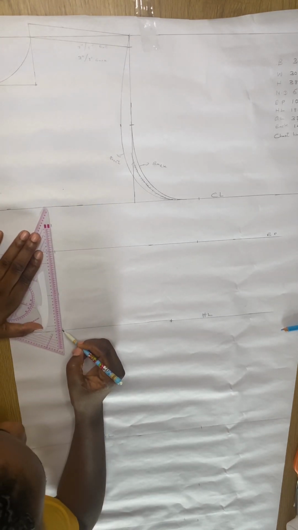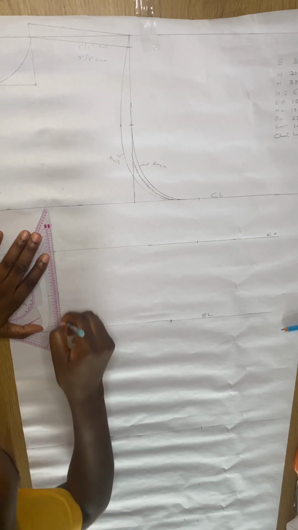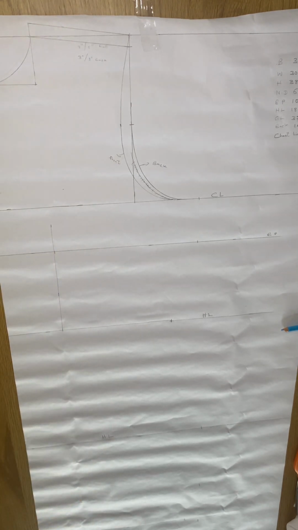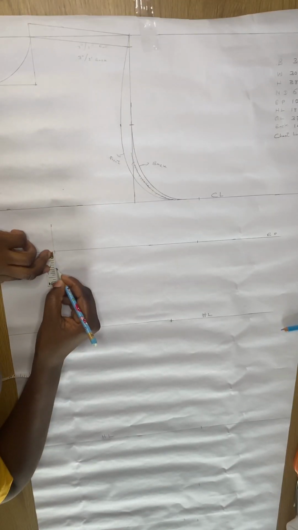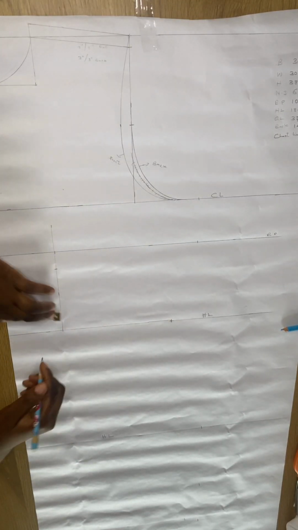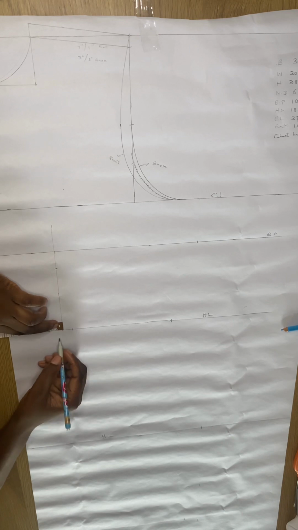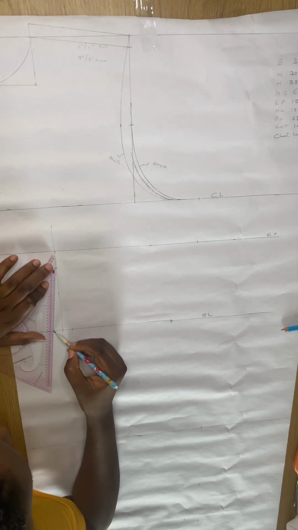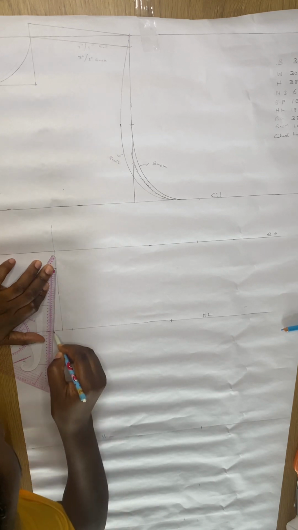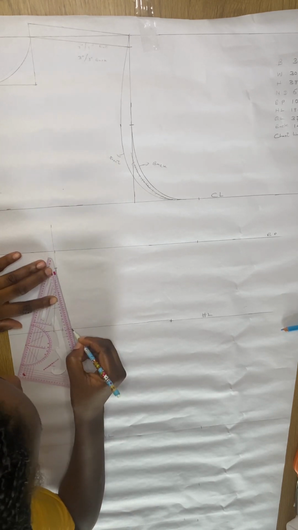This is it. Now you come down from the bust point by 1 inch. Here. Then on your half length, you take 0.5, and for this one also 0.5. Then connect it to this point. 0.5, and here also.